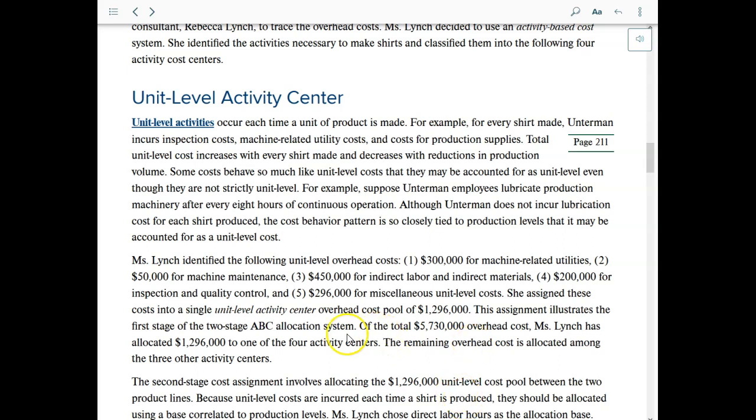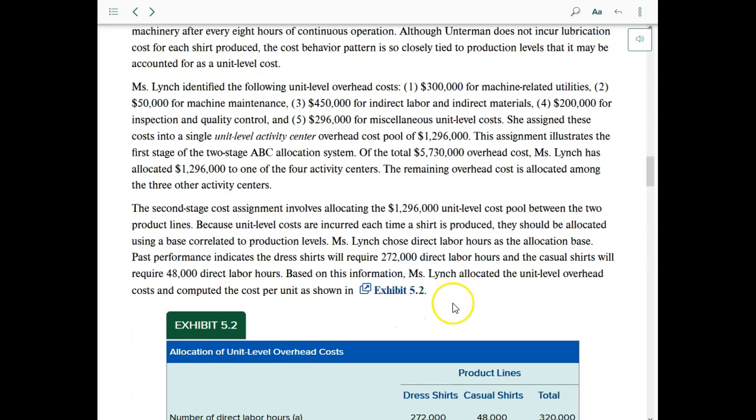The accountant has said, all right, putting this all together, for this activity center, the cost pool is $1,296,000. So out of the original $5,730,000 we had in total overhead costs for the whole company, $1,296,000 relates to unit level activity. Okay, so we're starting to split up this total overhead cost. And we have $1,296,000 identified for this activity.